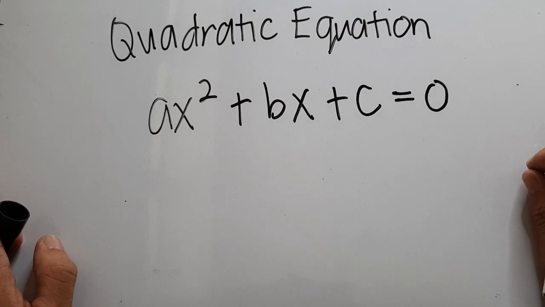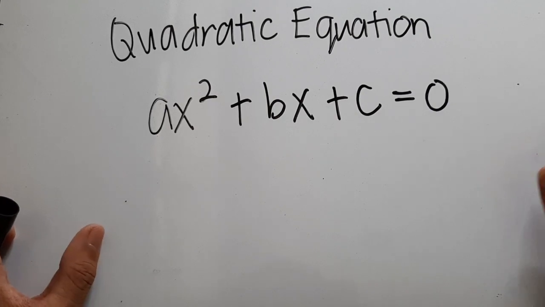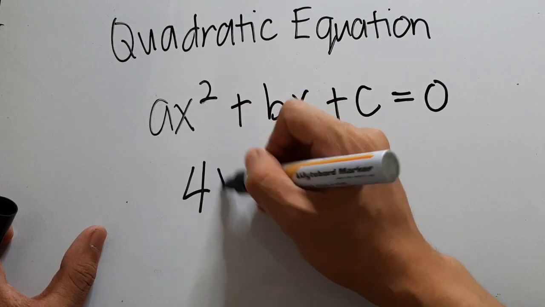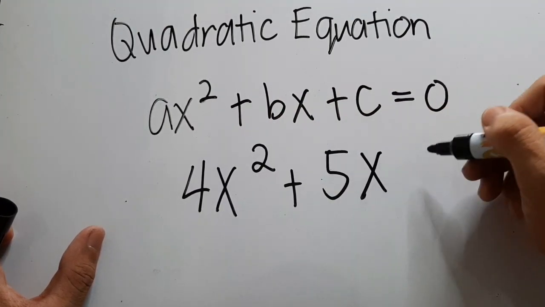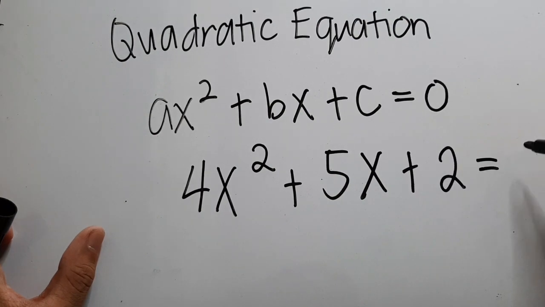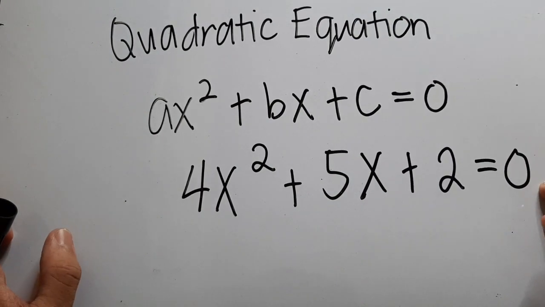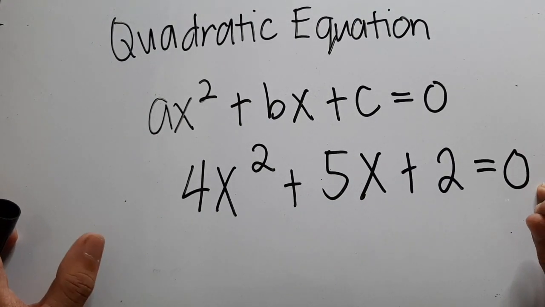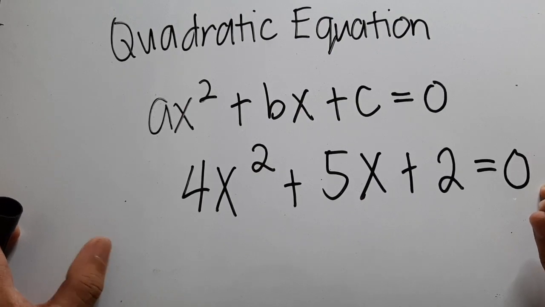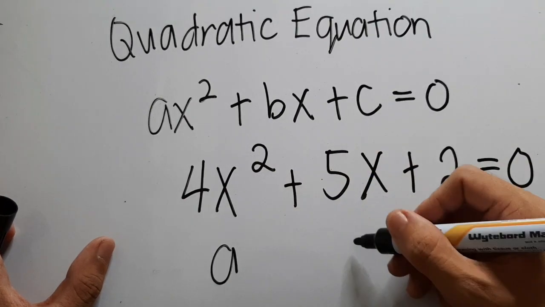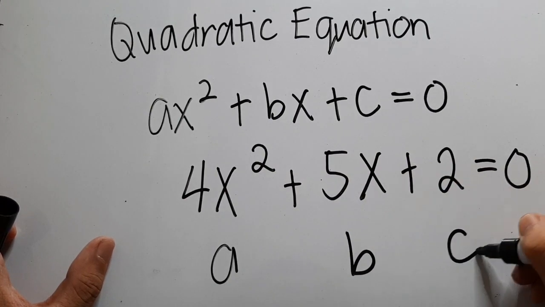Meaning to say, when we have a given equation, 4x squared plus 5x plus 2 equals 0. Since this equation is in the form of a quadratic equation, we can now identify the given values of a, b, and c.